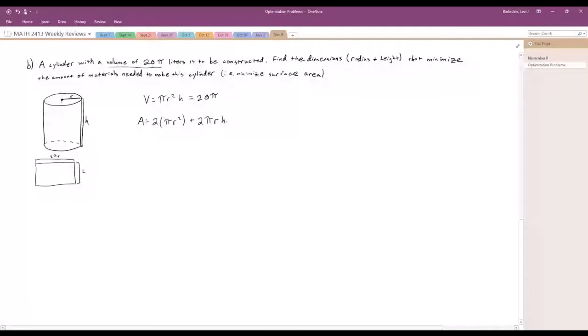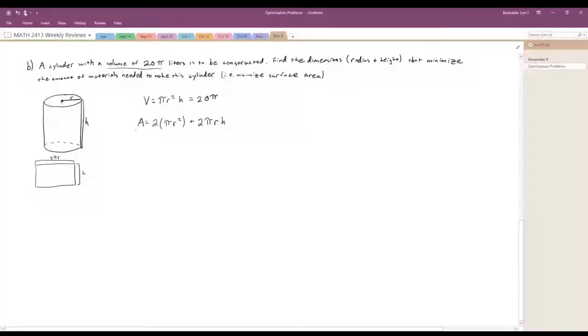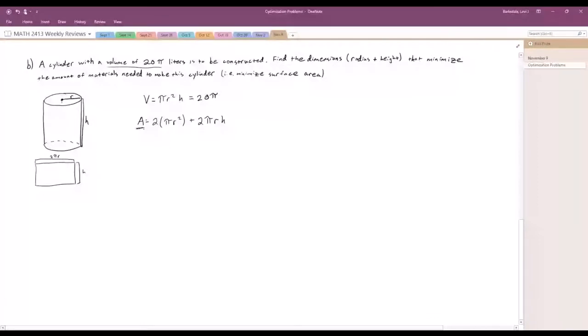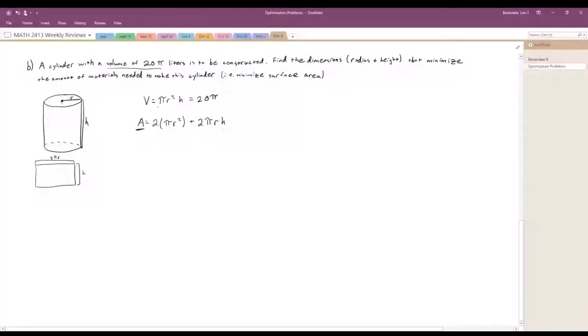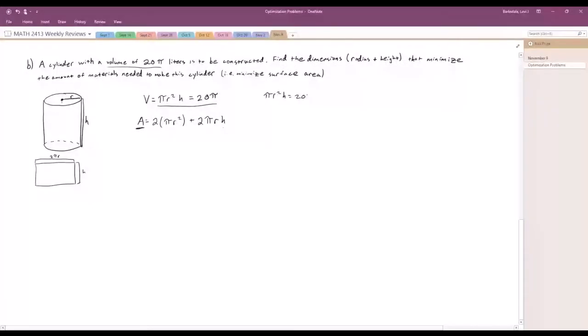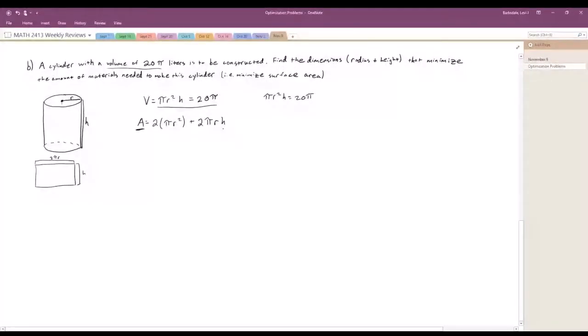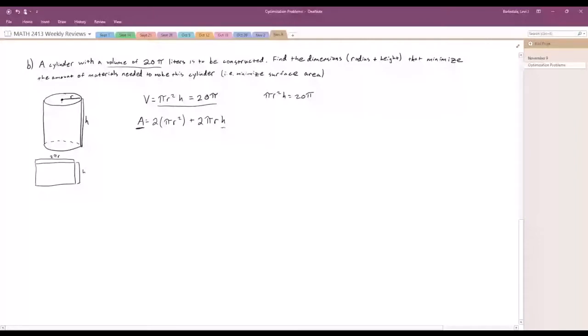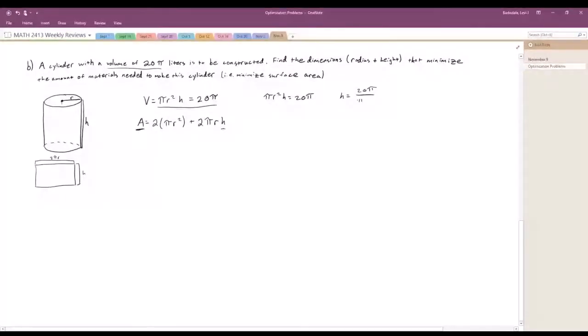Well, I'm trying to minimize surface area, so I need to find the minimum of this equation here. The problem is, right now, I have two variables, r and h, in it, so I need to substitute one of them out. Luckily, I have my volume equation that says that pi r squared h is equal to 20 pi. Because I have just one h in this equation, I'm going to try and substitute h out, so I get, by dividing both sides by pi r squared, 20 pi over pi r squared, which is equal to 20 over r squared.